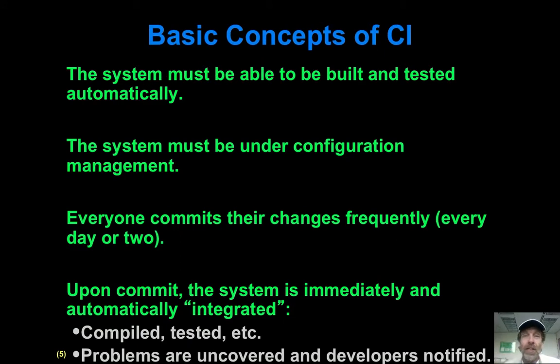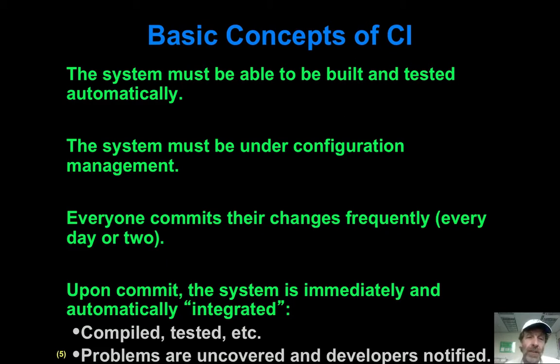So continuous integration arose out of that notion that, whoa, it would be really great if we could take care of those inconsistencies that will inevitably arise when people are working concurrently as fast as possible. And there were some preconditions that had to be satisfied in order for this to work. First thing is, we have to be able to build and test a system automatically, okay, because we want this to be all done automatically.